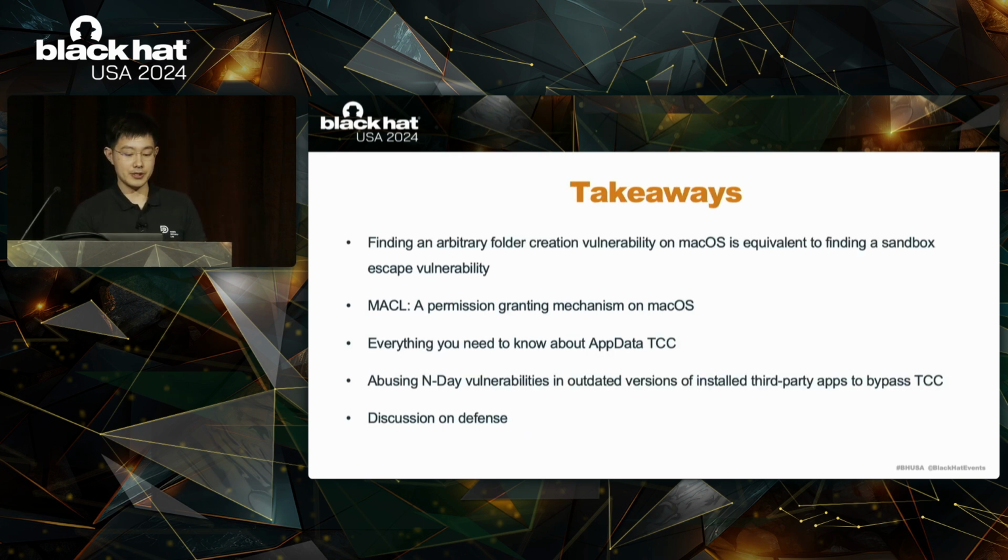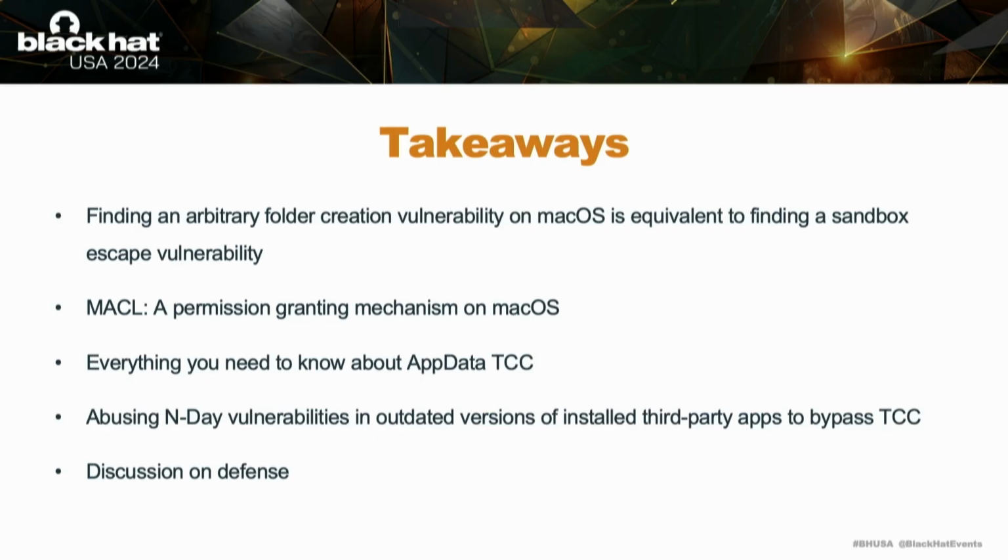So the takeaway for this talk: we found that an arbitrary folder creation vulnerability on macOS is actually equivalent to finding a sandbox escape vulnerability. We covered the macl attribute feature, a security feature in macOS, its usage and its vulnerabilities, and the newly introduced security feature, the AppData TCC, and everything you need to know about it and how we exploit it.